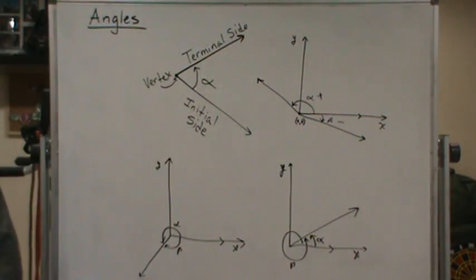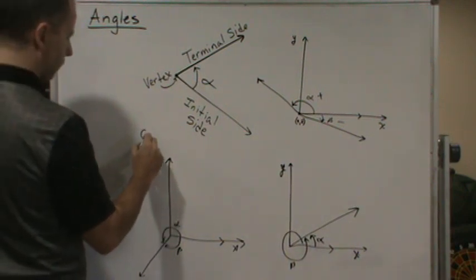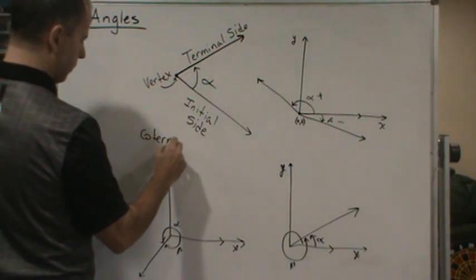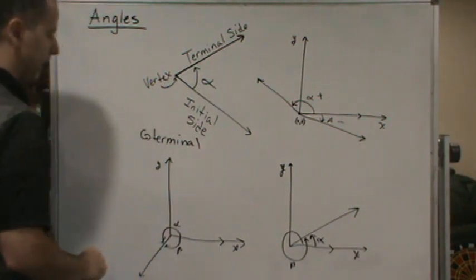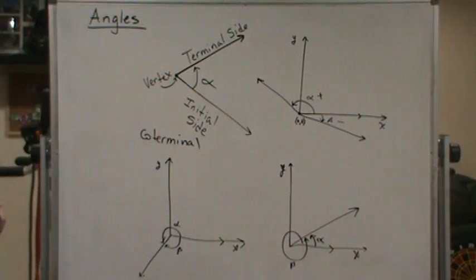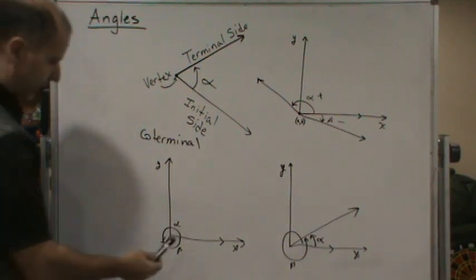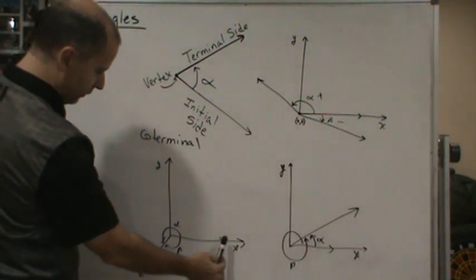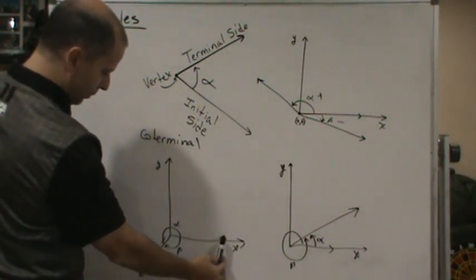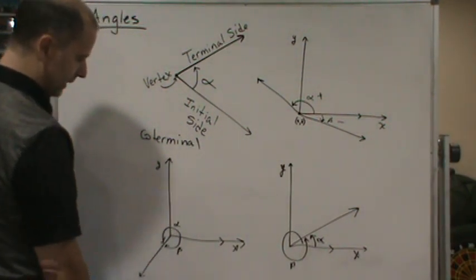Okay, now also let's talk about coterminal angles. Coterminal means that they end with the same terminal side, okay? So for example, here's our angle. We've got our standard form, with the initial side along the x-axis.